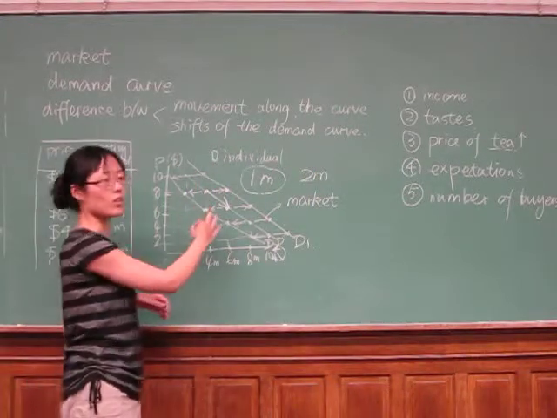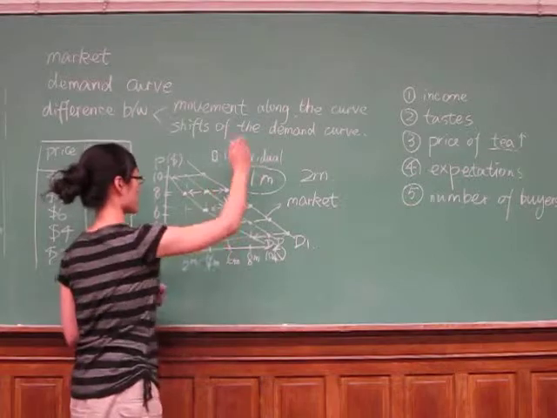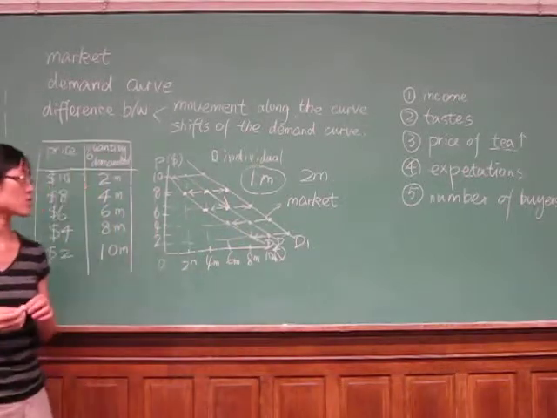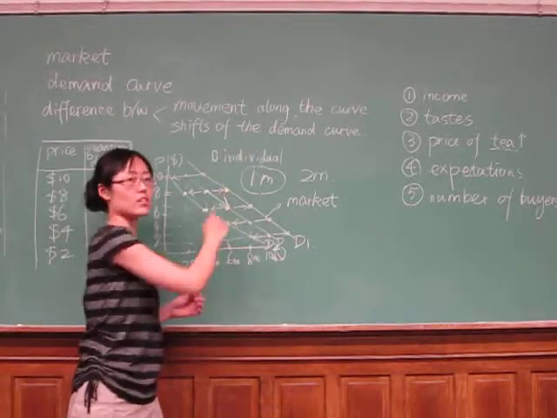Then the whole quantity demanded goes up. The whole demand goes up. The demand curve shifts to the right.